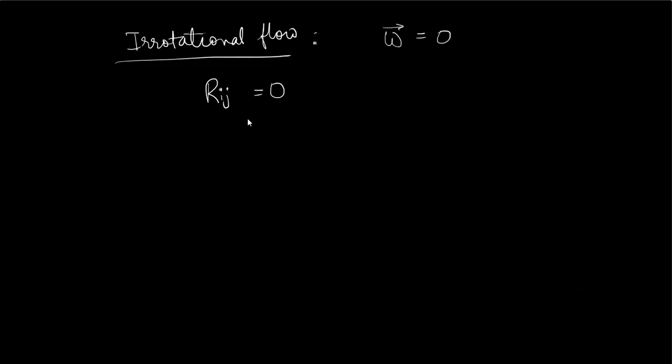This is what is called an irrotational flow, and this fact is tantamount to writing this: the curl of this is zero.